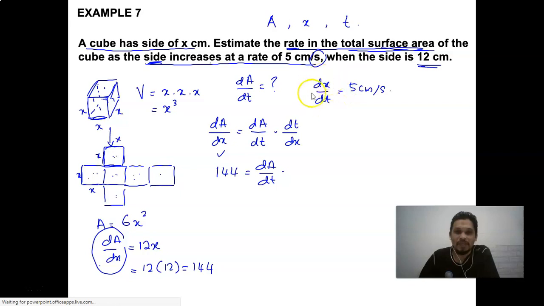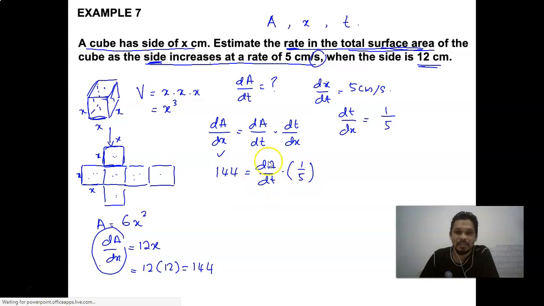What we have here right now is dx/dt, and what we need here right now is dt/dx. So from dx/dt, we come up with dt/dx, which is 1 over 5. Okay, reciprocal of this one here, 1 over 5. It is now multiplied with 1 over 5.